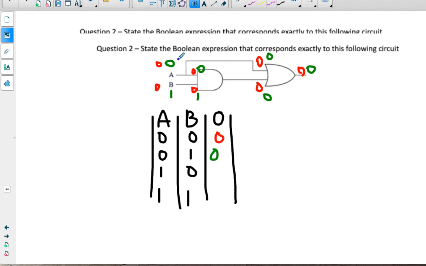However, when A is 1 and B is 0, even though the AND gate evaluates as 0, the 1 goes into the OR gate and we get a 1.